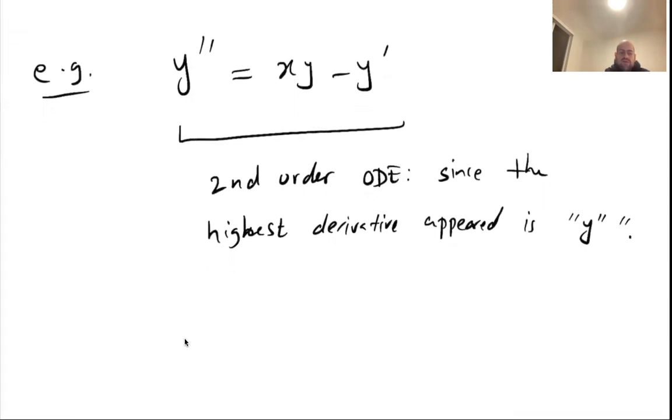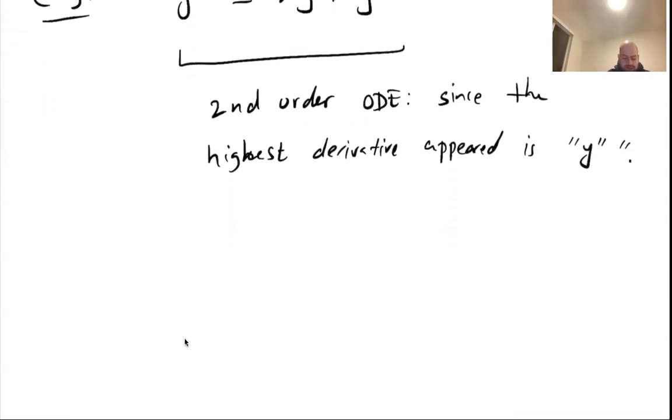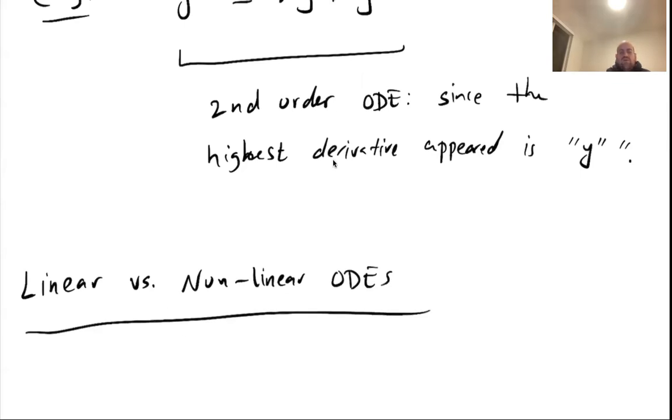Another important feature of an ODE is whether that ODE is linear or non-linear. So, linear versus non-linear ODEs. When do we say that an ODE is linear?